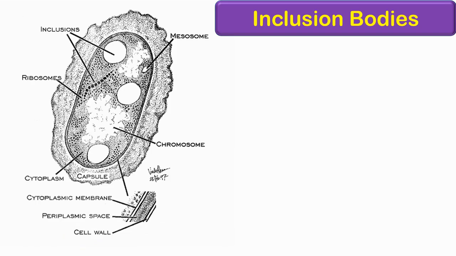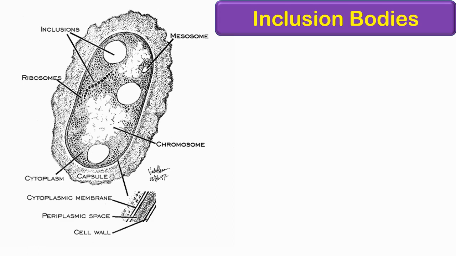Now coming to inclusions or granules, which are storage bodies for bacteria. Availability of food for bacteria is variable. So during nutrient abundance, some bacteria can lay down nutrients intracellularly in inclusion bodies of various size, number, and content. These nutrients are then used during scarcity.